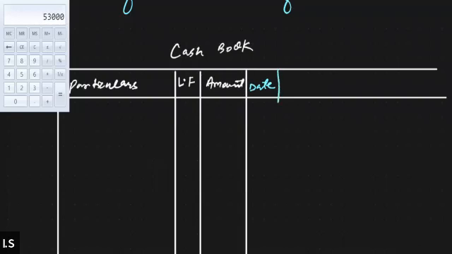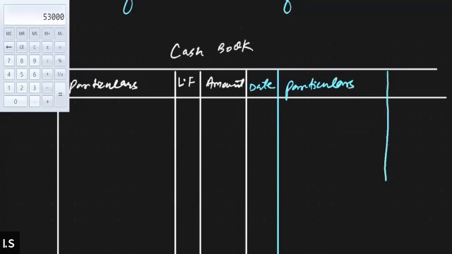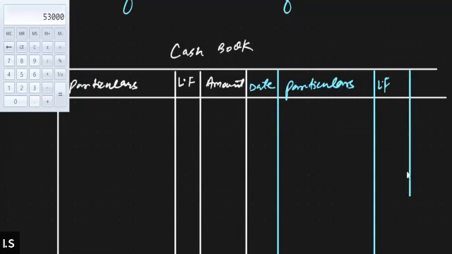After a column for date, we make a column for the particulars, then an extra column for ledger folio, and then finally one column for the amount.